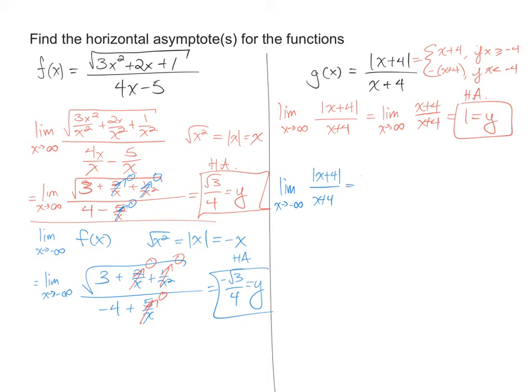So this equals the limit as x approaches negative infinity of negative x plus 4 over x plus 4. So now these reduce away and leave you with a negative 1. So y equals negative 1 is the other horizontal asymptote.